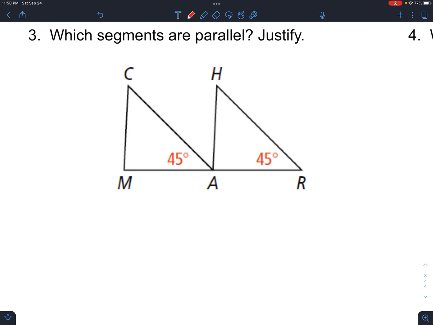Again, we had a weird picture here, but we definitely know that this is the transversal because it includes both angles.